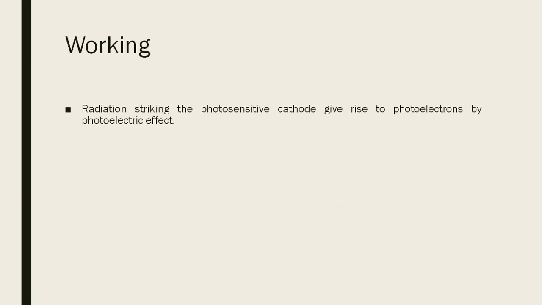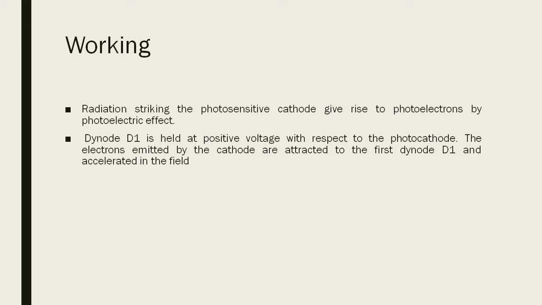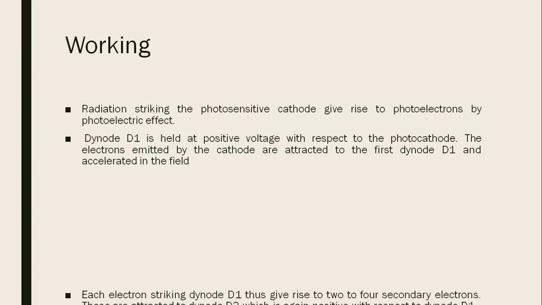Working. When the radiation strikes the photosensitive cathode, it gives rise to photoelectrons by photoelectric effect. Diode D1 is more positive as compared to the photocathode. Thus, electrons emitted by the cathode are attracted to the first diode D1 and accelerated in the field.